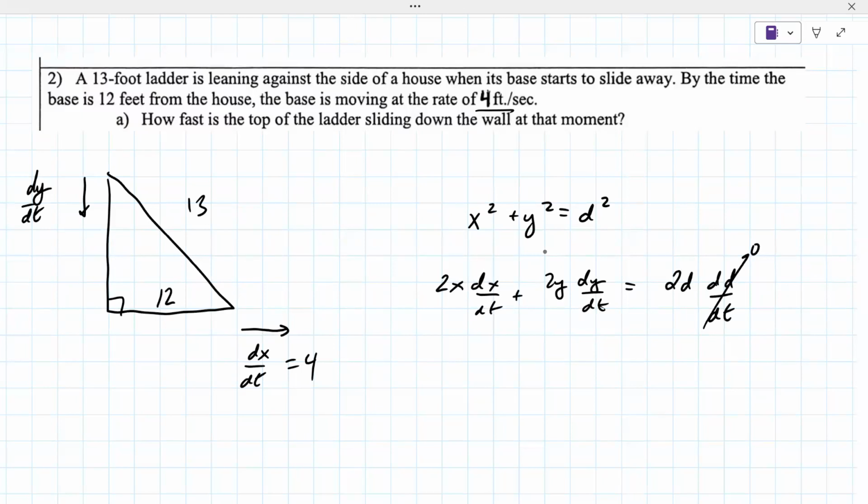Okay. So we're looking for dy/dt. So will you attempt to solve that for us, please? For dy/dt.